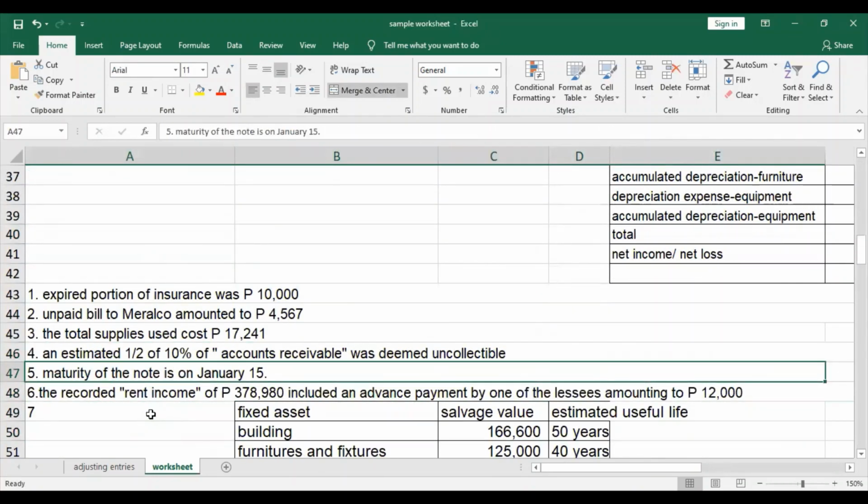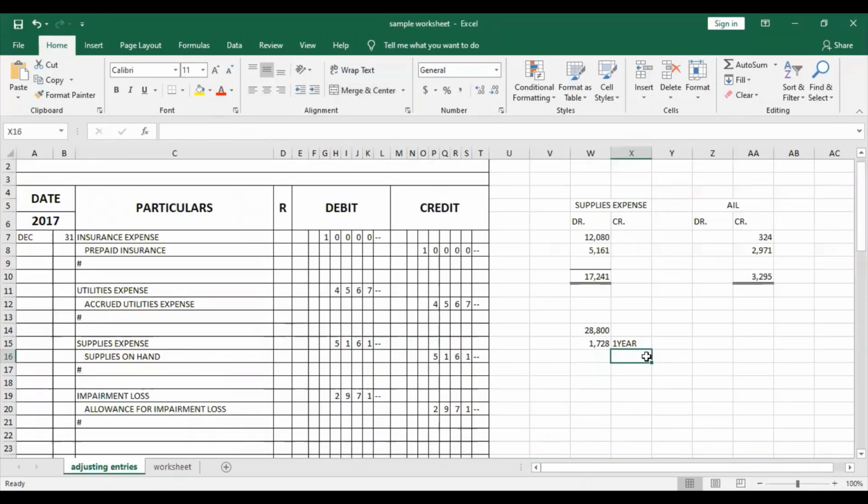From today, December 31, up to January 15, meron kang natitirang 15 days para magbayad. Kung ang note ay payable within 60 days, meron kang natitirang 15 days, meaning ang lumipas na araw ng utang ay 45 days. So, ibig sabihin, ang i-record mo lang na interest is only good for 45 days.